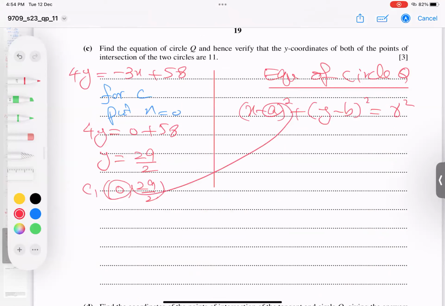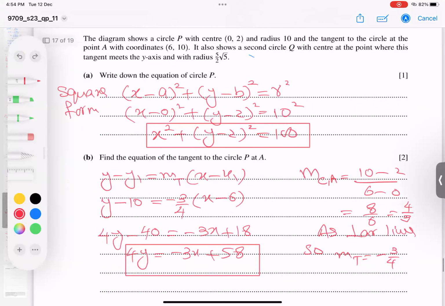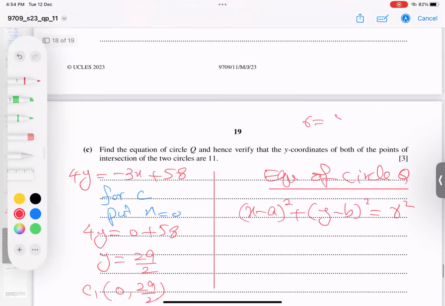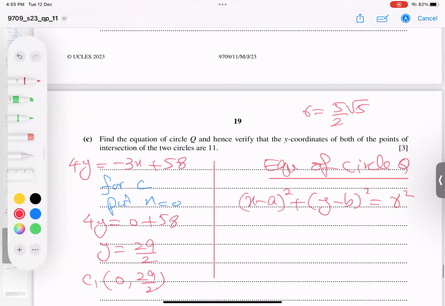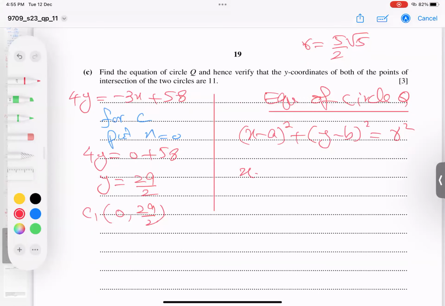The center, 0 coming here, 29 by 2 coming here, and the radius we know already. Let me write 5 by 2 root 5. So 5 over 2 root 5. This radius is already given by him. So x minus 0 whole square, y minus 29 over 2 whole square, equals the square of this radius.